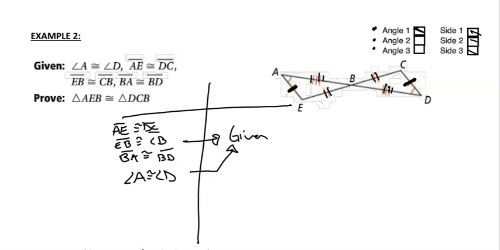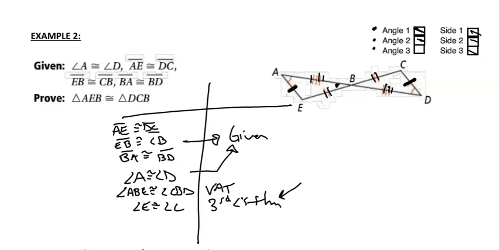Now, vertical angles theorem was my other one. I can't just call this angle B right here because there's too many angle B's. So I have to call it angle ABE is congruent to angle CBD. Vertical angles theorem. Check. And then lastly, I can say angle E is congruent to angle C by the third angles theorem.